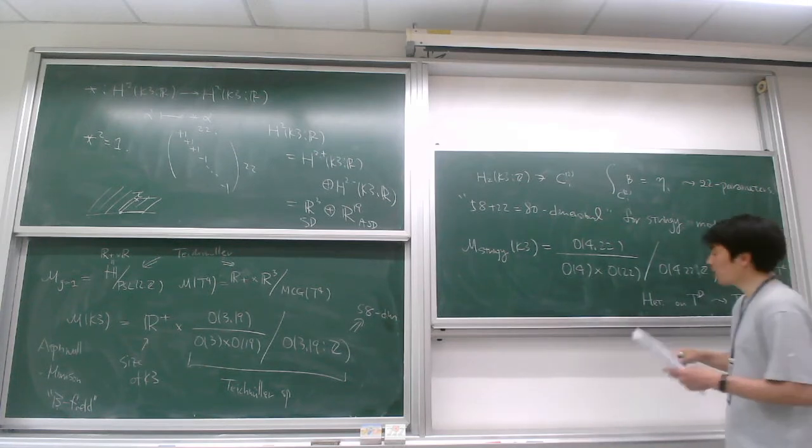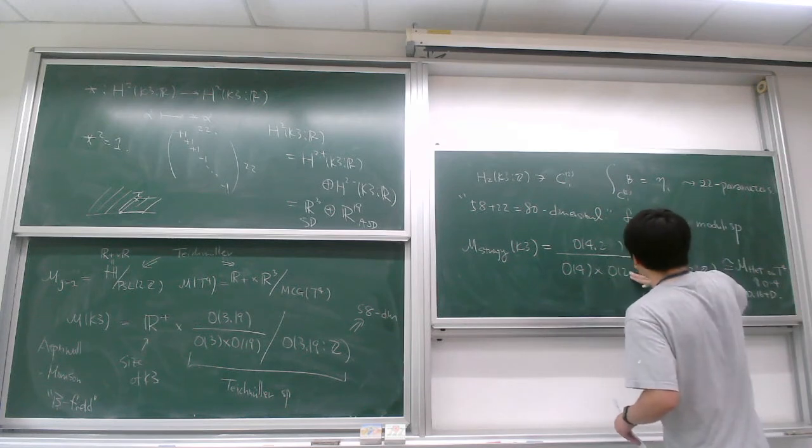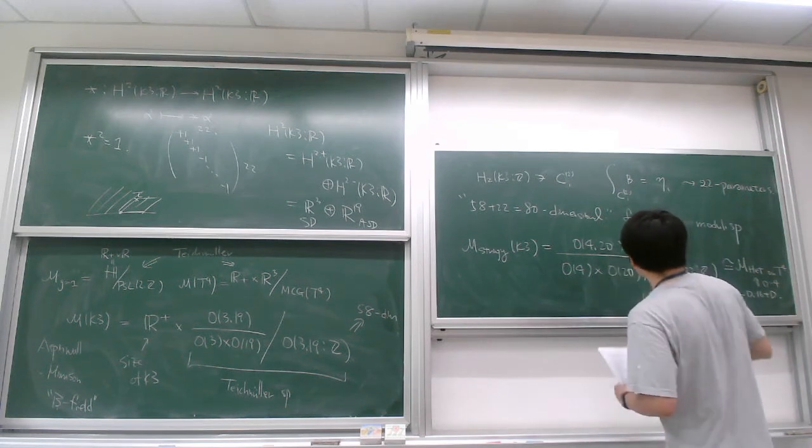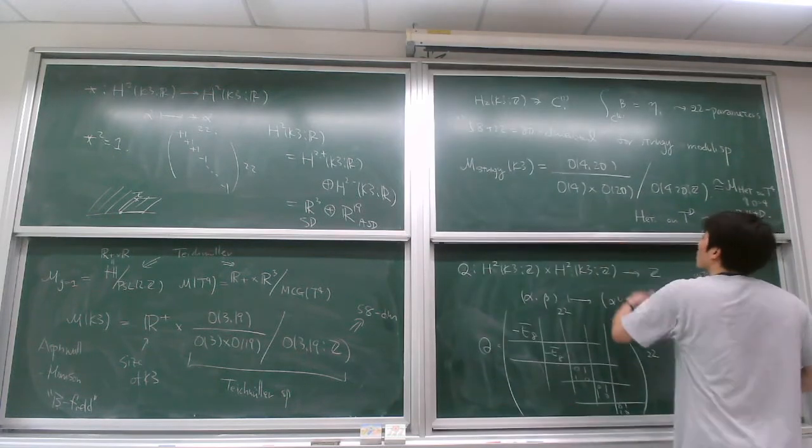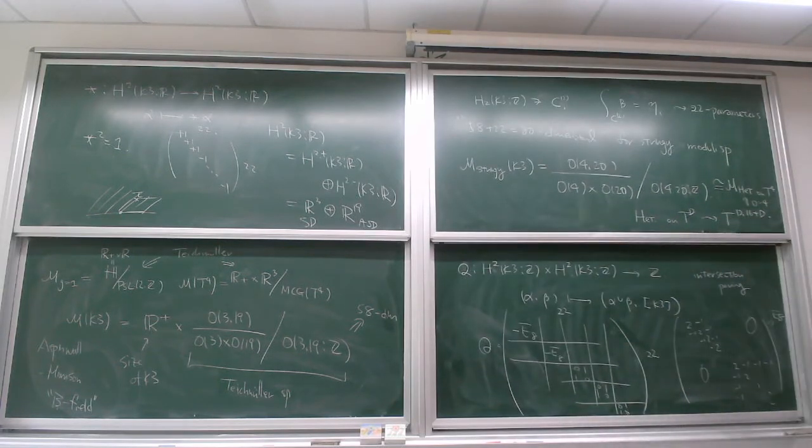Oh, sorry, 20. Sorry, you're right. So that's what Morrison would tell us about the modular space.